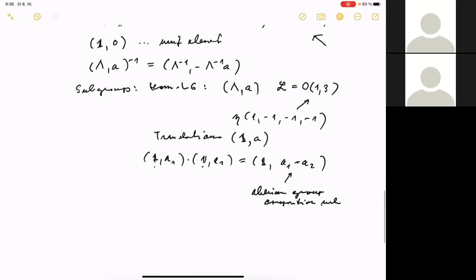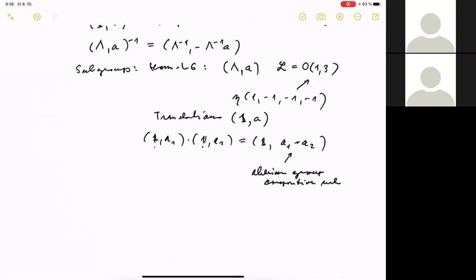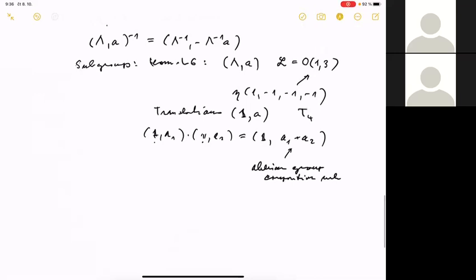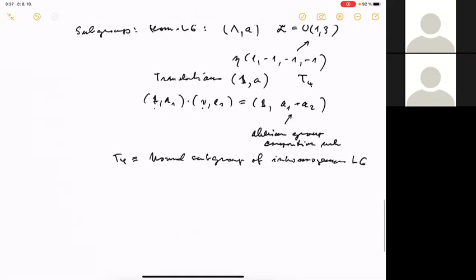Of course, it is trivial in some sense, because the space-time translations are obviously independent of the order of these operations. What is a little bit less obvious is that these translations, we call it T4, the group of translations, is a normal subgroup of the inhomogeneous Lorentz group. You will probably prove this as an easy exercise during the seminar.